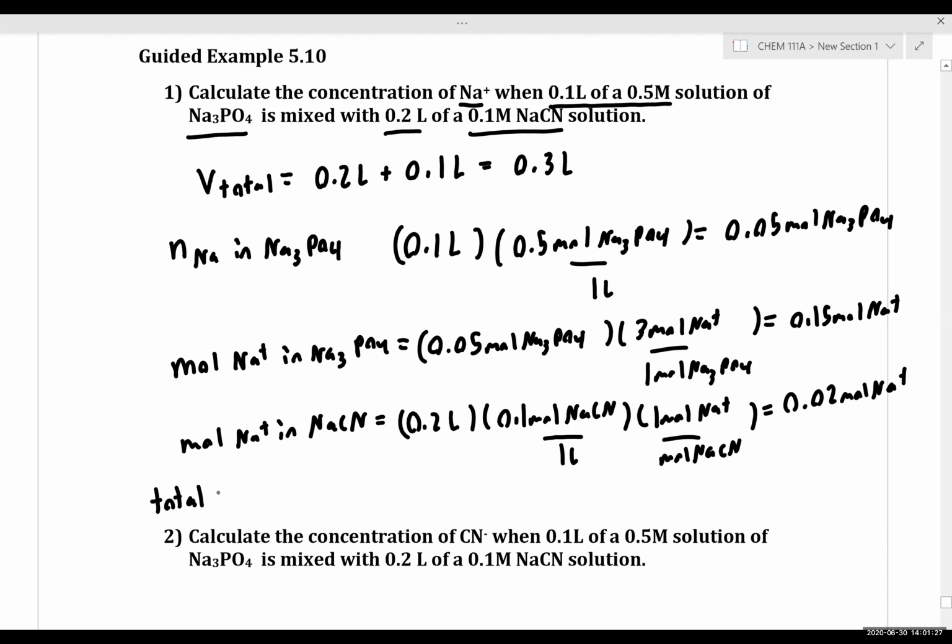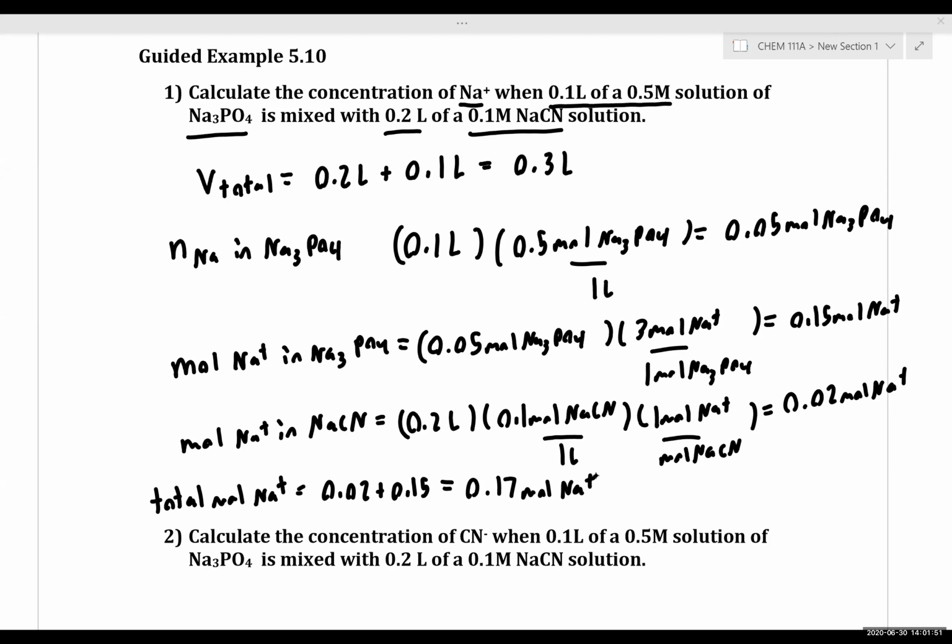To calculate our total moles of sodium plus, we take 0.02 plus 0.15, which in turn gives us 0.17 moles of sodium plus.